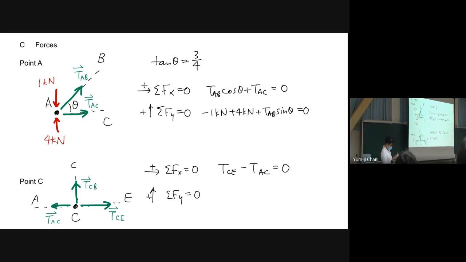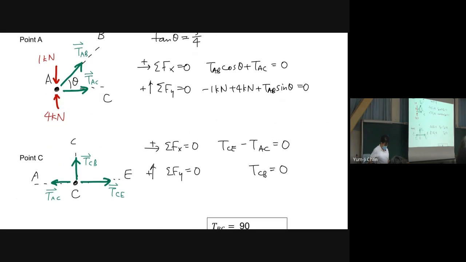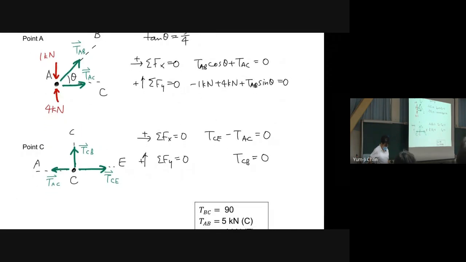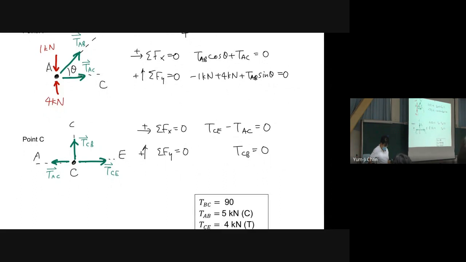And summation Fy equal to 0 is TCB equal to 0. So thank you for pointing out this point B here.